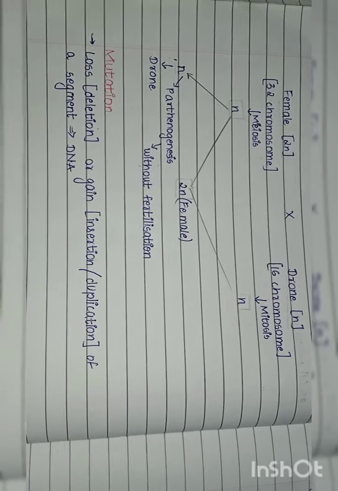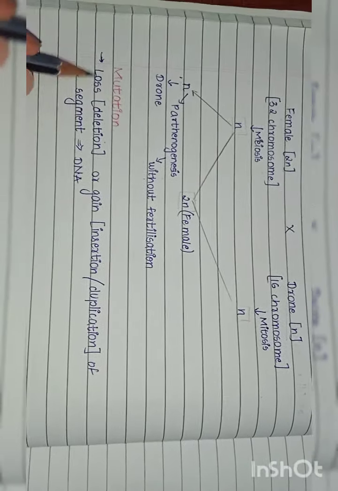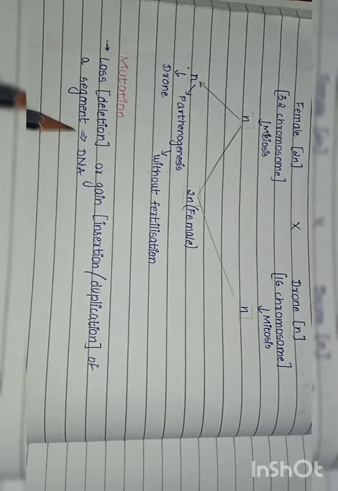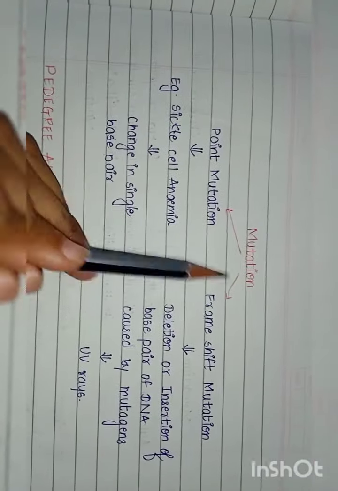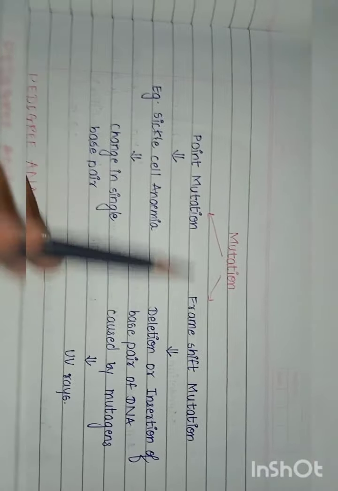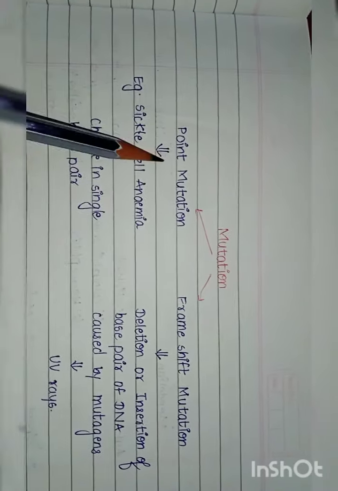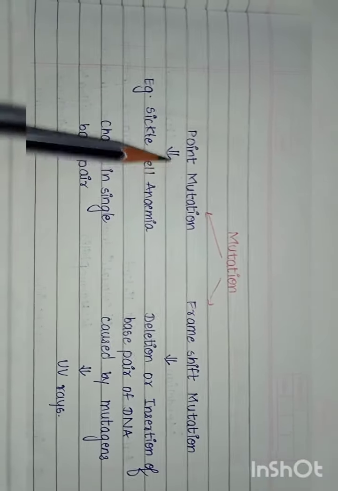Now, let us see the most important topic of this chapter, that is mutation. What is mutation? Loss, deletion, or gain, insertion or duplication of a segment of DNA is called mutation. There are two types of mutation, point mutation and frameshift mutation. For example, sickle cell anemia is a point mutation.